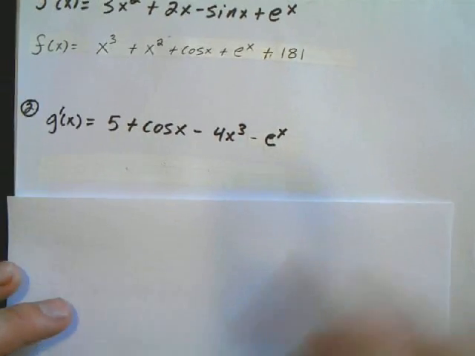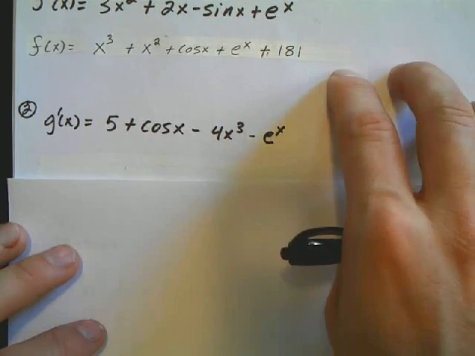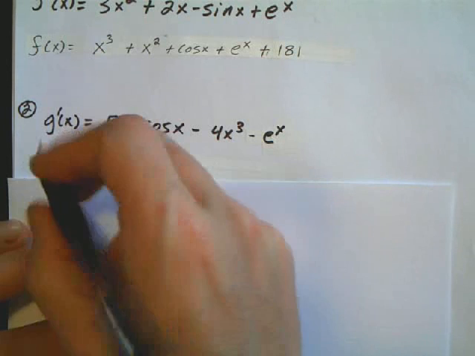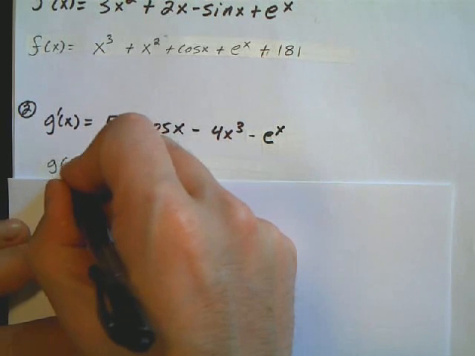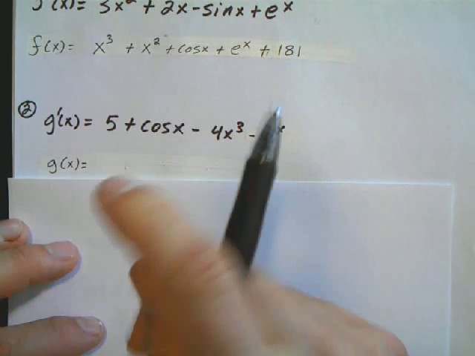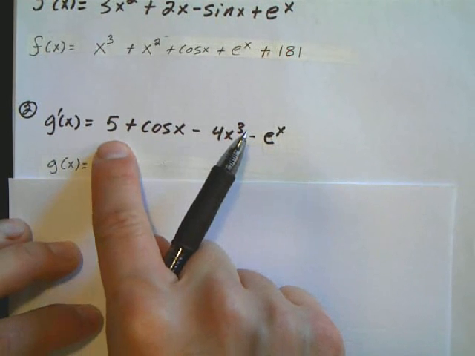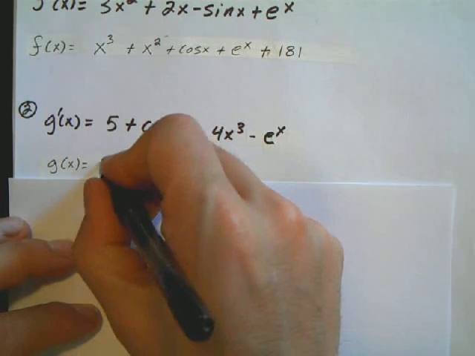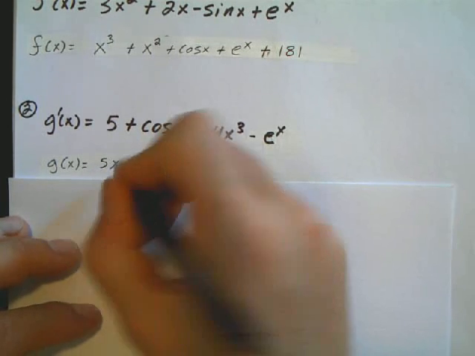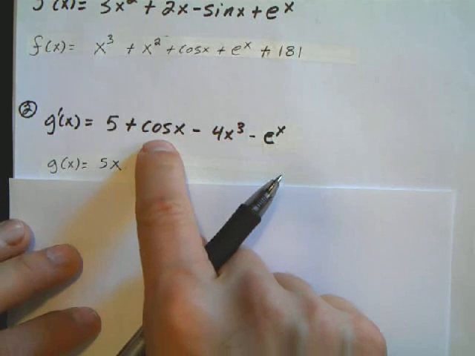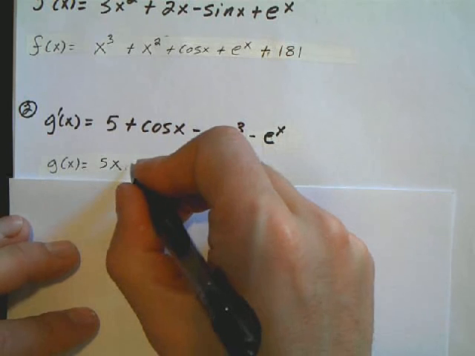For example 2, I have a g prime given to me as this, and I want to go back to what the function is. So g of x is going to equal, what do I need to end up with 5 as my derivative? That would be 5x based on the power rule. The antiderivative for cosine, I would have to have sine.